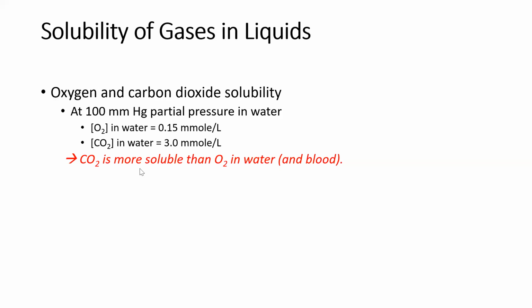Although CO2 can bind to hemoglobin to a very small extent, most of our CO2 can dissolve quite nicely in our blood. It can dissociate into some other things that we talked about, such as carbonic acid, and move around in the blood, whereas oxygen needs that hemoglobin in order to do so.